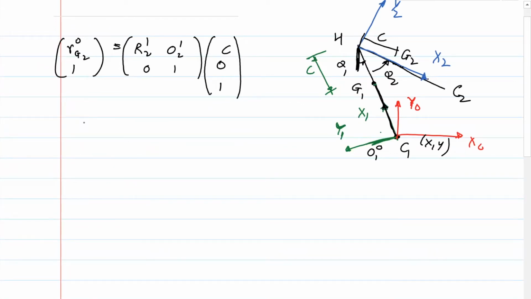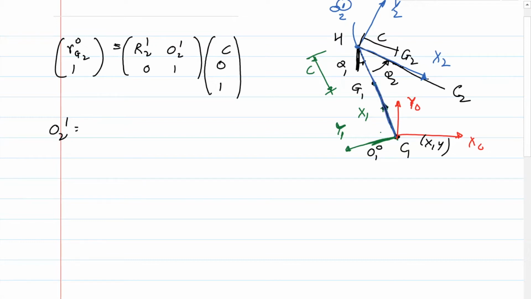O21 is the coordinates of, I should put it down here. This point is O21. It's the position of O2, this point in frame 1. So frame 1 is this.